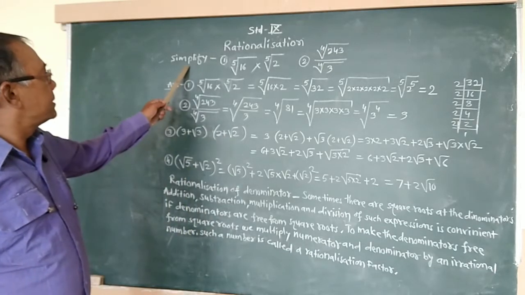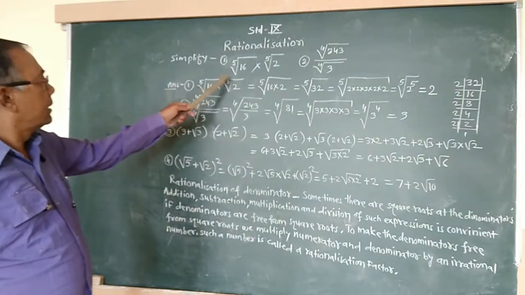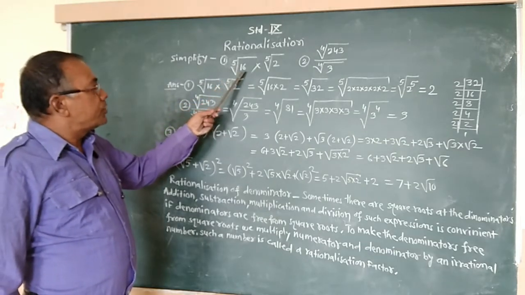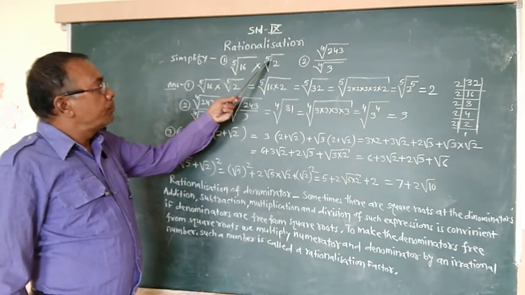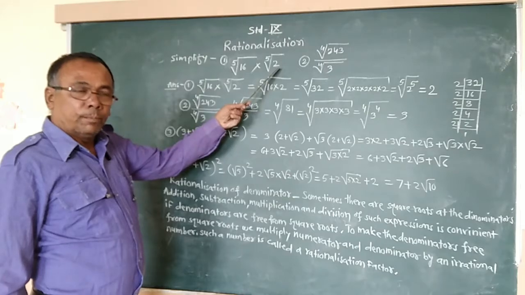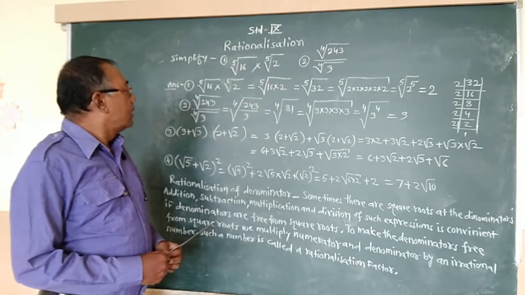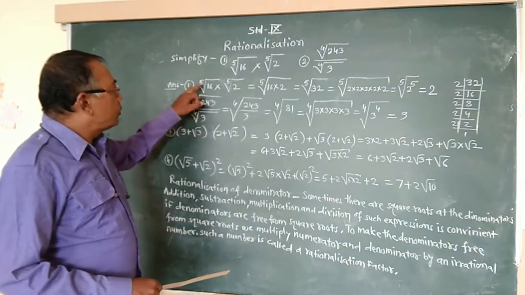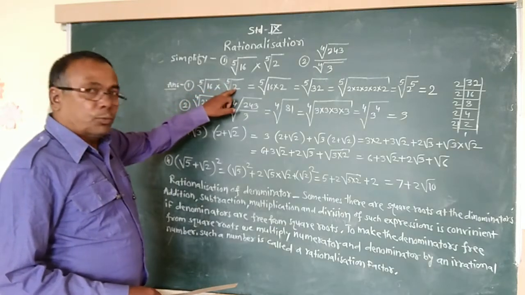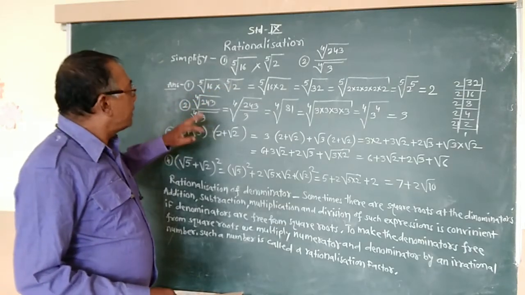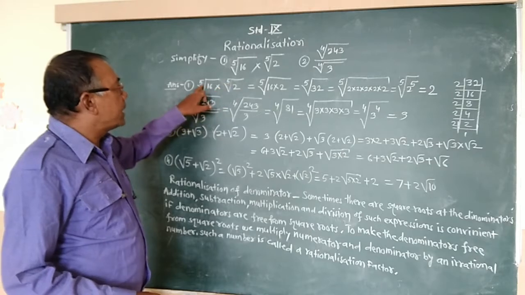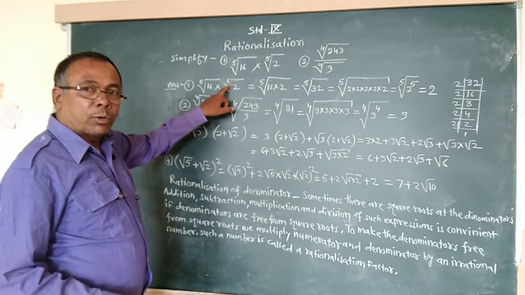The first example is: simplify fifth root of 16 into fifth root of 2. Here we have to observe whether the order of both radical signs is the same or not.